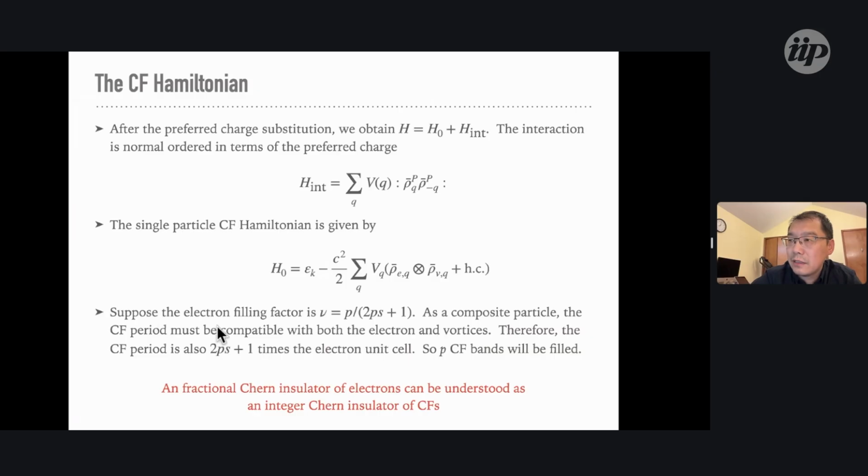Now, again, if you assume that the electron filling factor is in the Chern sequence, then as a composite particle, the composite fermion period must be compatible with both the electron and the vortices.